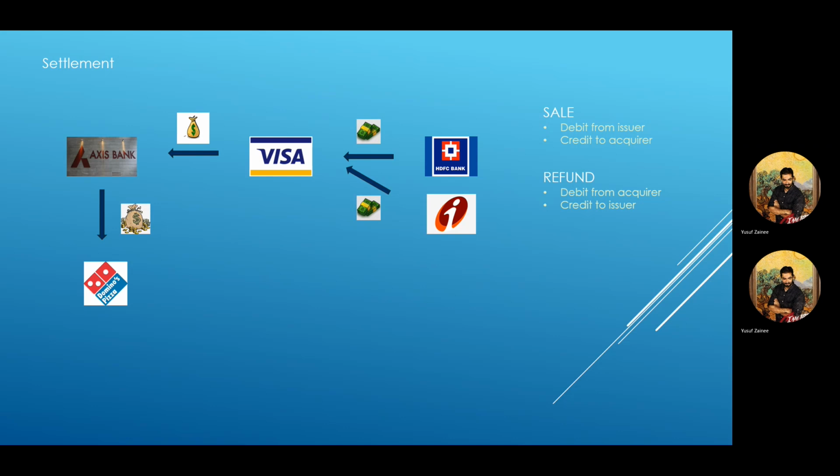So the debit is happening at the issuer side and the credit is happening at the acquirer or merchant side. And in the case of a refund, the debit will happen at the acquirer or merchant side, from that account, and then it will finally get settled in the issuer's or the customer's account. That is how sale and refund happen.